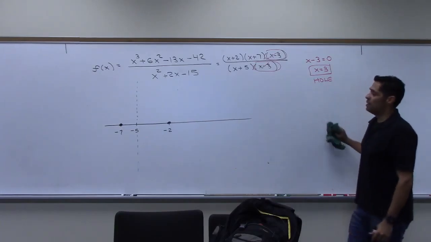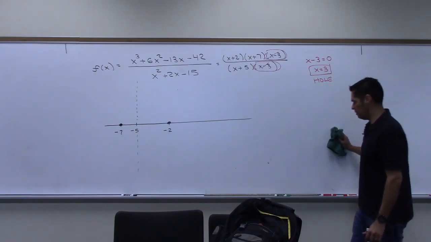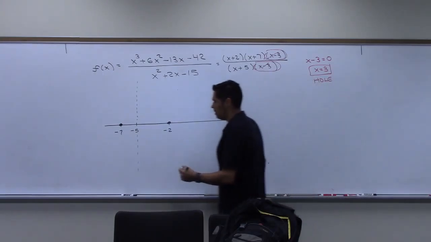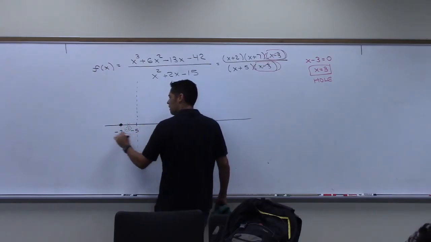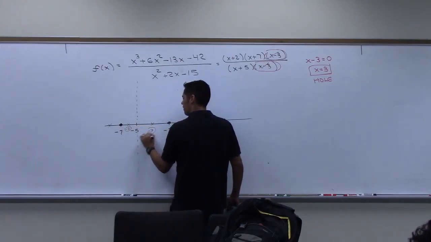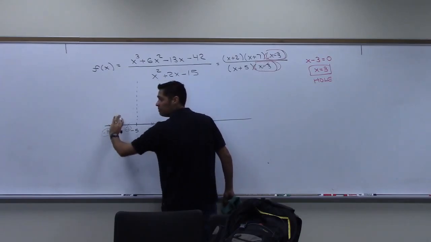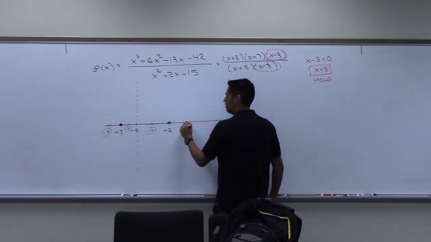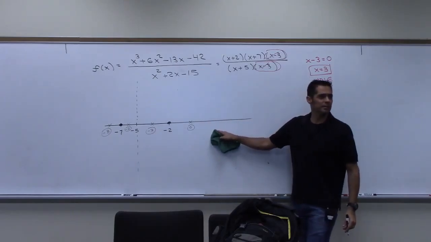And I have a hole at 3, so I'll just have to remember that later. Okay, so how about some test points? -6 would squeeze in there real nice. -3 would fit in here. -8, something on the far outside, right? And then something over here, 0. That should work. Just don't plug in 3.